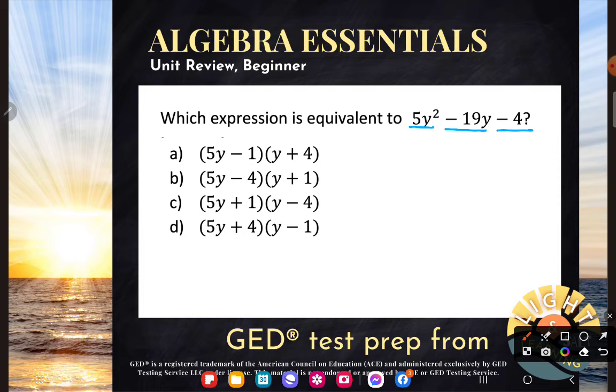Well, the clue is in the answers. Take a look at the form of all of these answers. Every one of them is in the form of some grouping, in this case 5y minus 1, shoved up against another grouping, like y plus 4, with nothing between them. So basically, two groups of things multiplying.